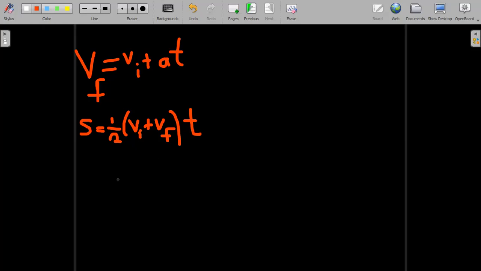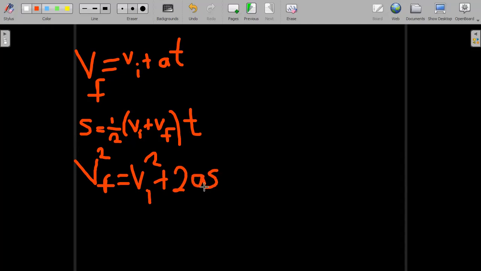V final squared is equal to V initial squared plus 2 times acceleration times displacement, like this, 2as.